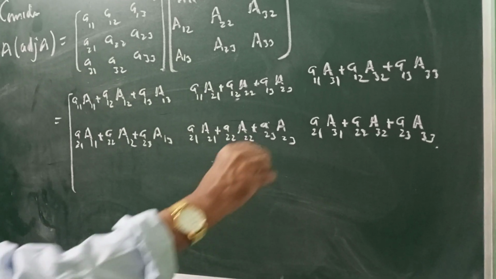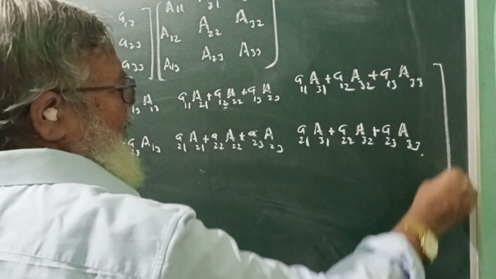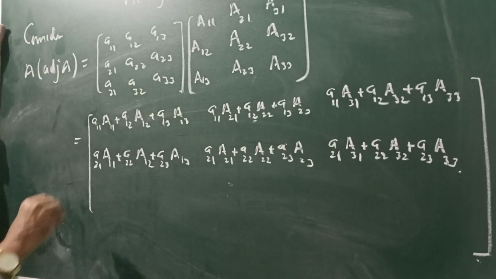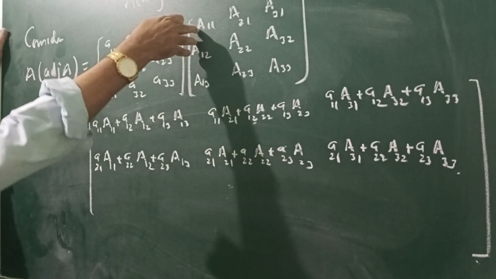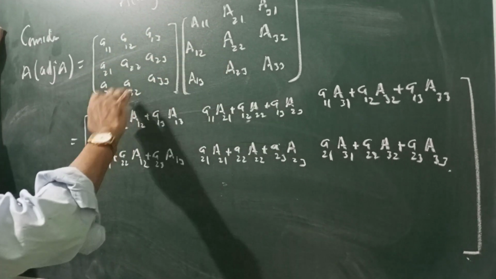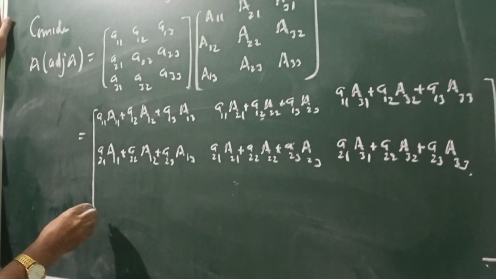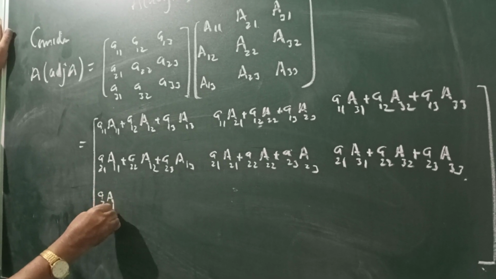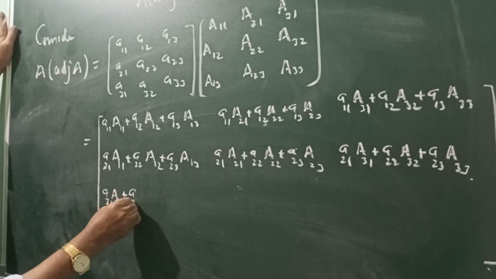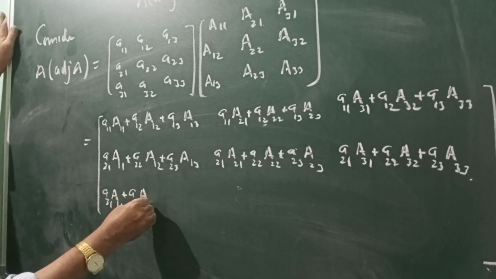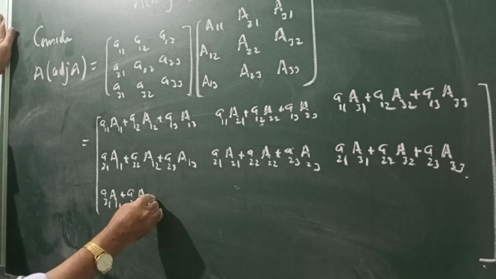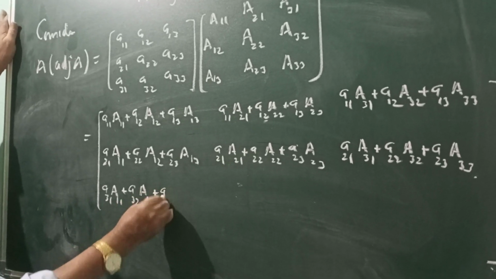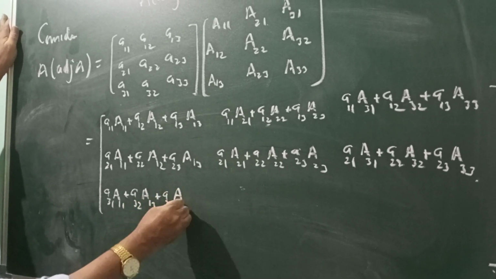Now we have to multiply the third row. To multiply the third row, look here: third row, first column, third row, second column, third row, third column. So we write A31, A11, plus A32, A12, plus A33, A13.